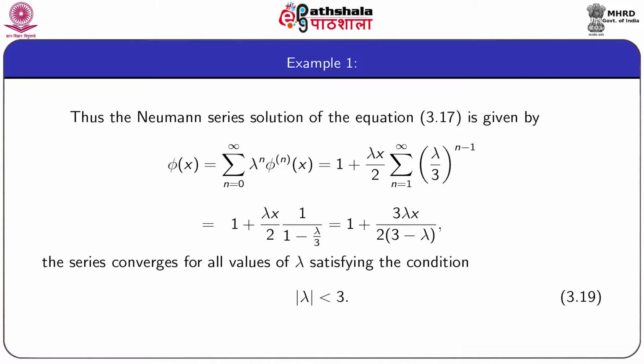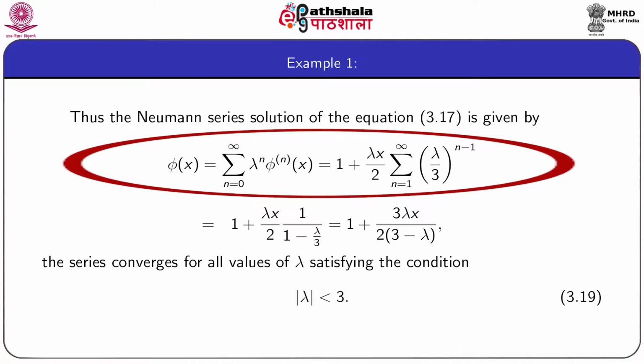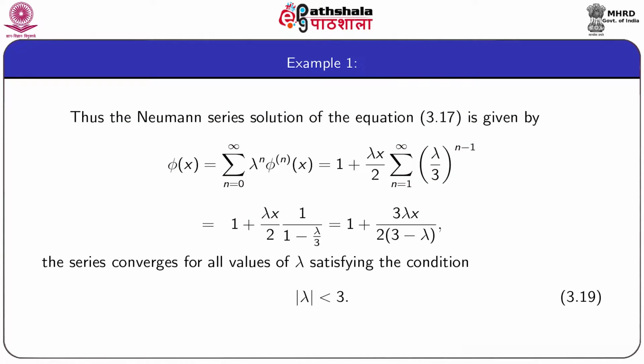Thus, calculating all the phi superscript n of x, we find the Neumann series solution of the given integral equation as phi of x equal to the summation n equal to 0 to infinity of lambda to the power n into phi superscript n of x.